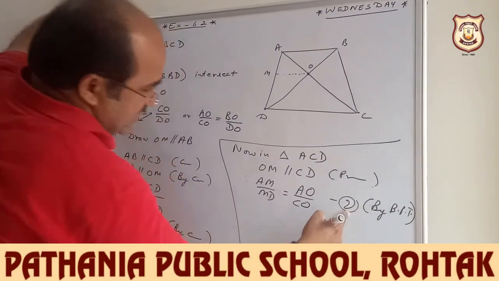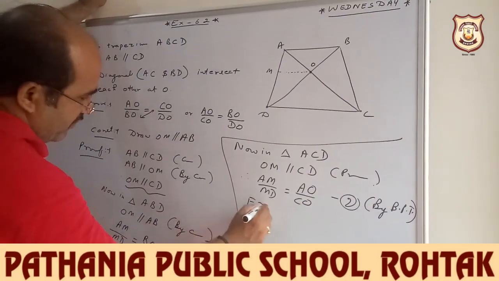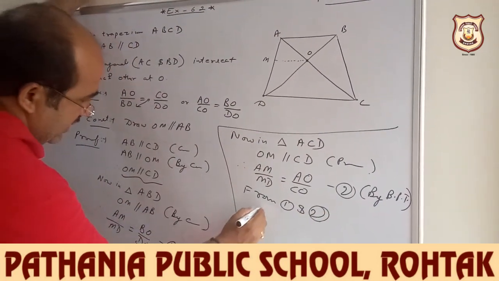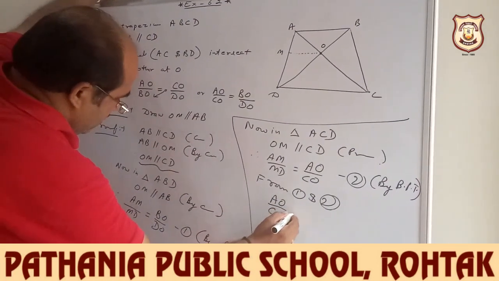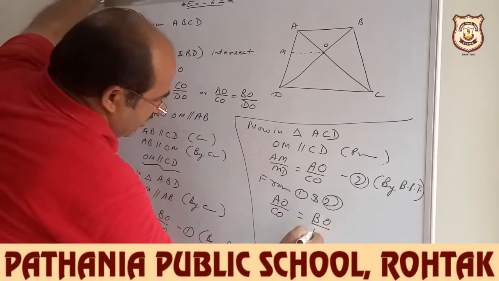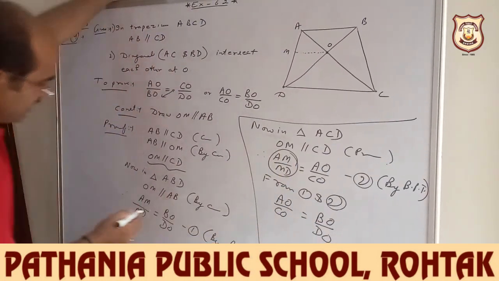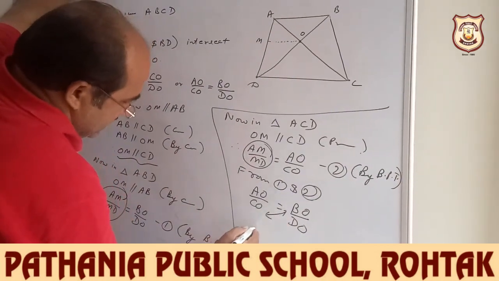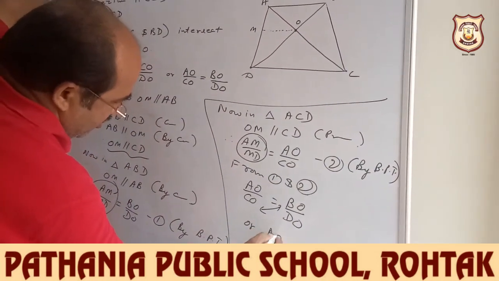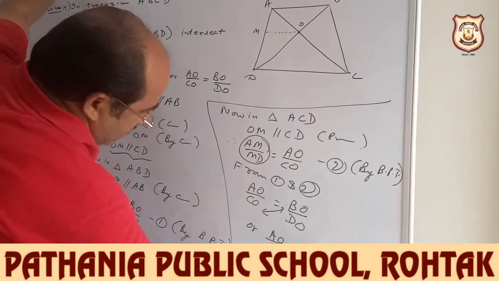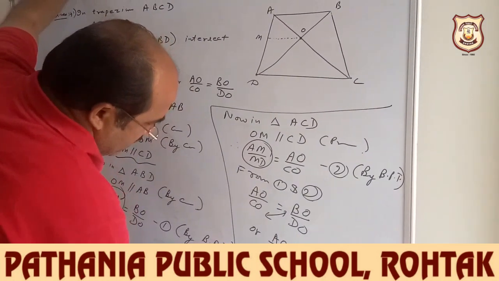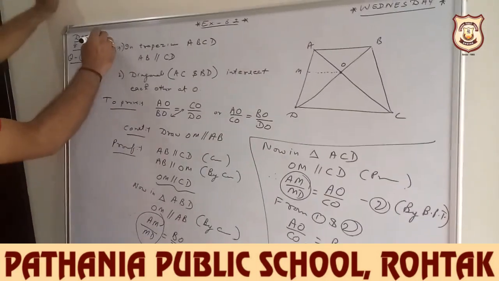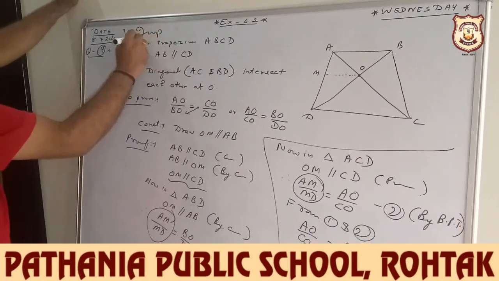By BPT. Mention this one as second. From first and second, AO upon CO equal to BO upon DO. Why? Because LHS is same. Now you can interchange, or AO upon BO equal to CO upon DO. Hence it is proved. Student, this one question is very important.